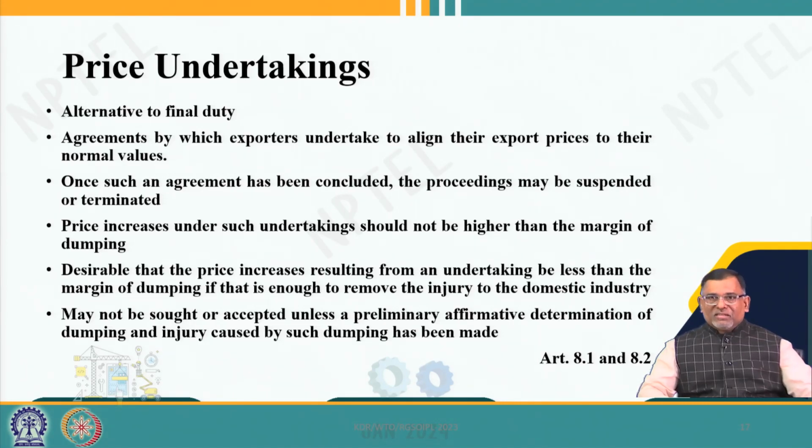The price undertakings or price increases should not exceed the margin of dumping, even though you are free to increase the prices. In most cases your complaint will be that they are selling at a lower price. So, the price increase also should not be exorbitant. You cannot ask them to increase prices exorbitantly, but only to the extent of the margin of dumping.